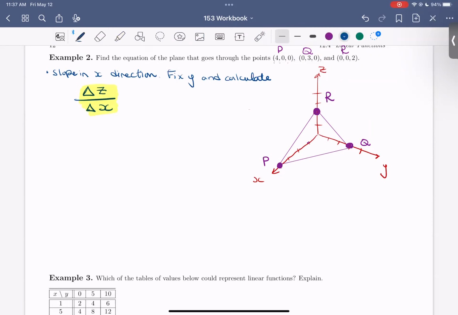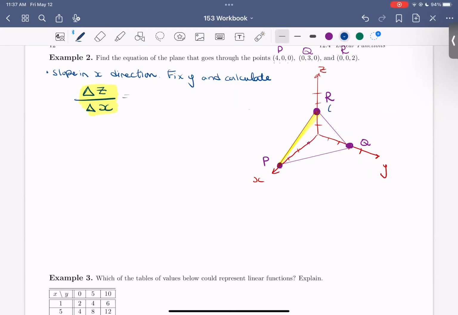Do we see any lines already that can help us with that? Notice this line here is fixing every point along it. This line is just in the zx plane, because both of these points have the same 0 y value. So all the points along this line, their y value does not change, but their x and z values do. Here we can calculate the change of z over the change of x.